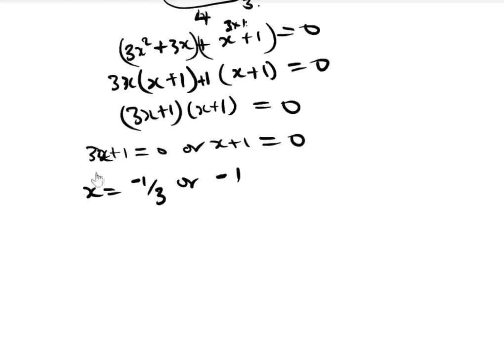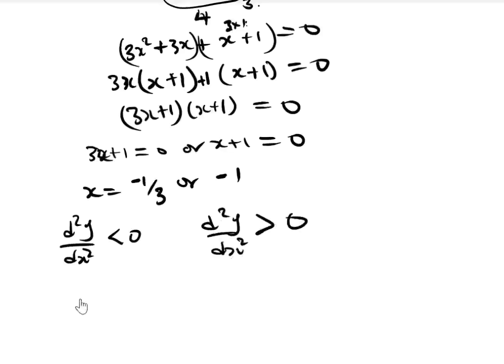Since we already have these values of x, we need to keep in mind that at a maximum, the second derivative d squared y by dx squared must be less than 0, and at a minimum, d squared y by dx squared must be greater than 0.